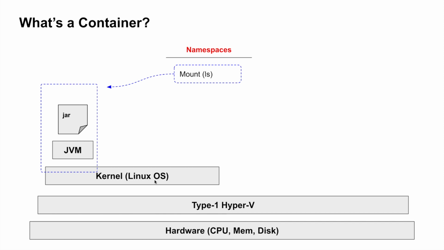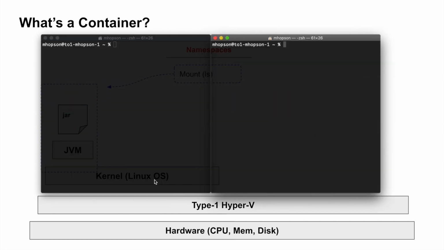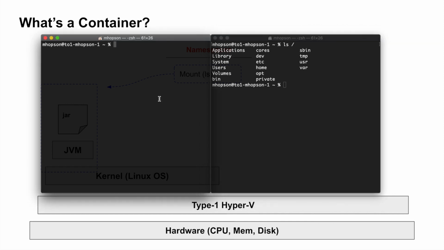To explain this a little bit better, I even have a small demo. So if I go to the terminal here, on the right side, if I type ls in my root folder, I can see a list of files and folders in root. On my left side, if I ran a shell inside a Docker container and then did ls root, I get a different list of files and folders.